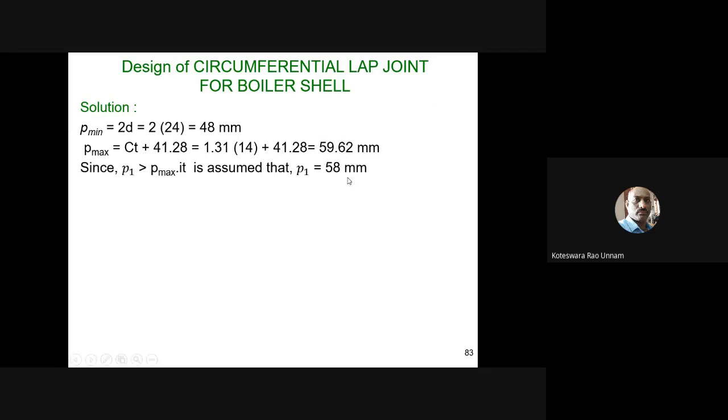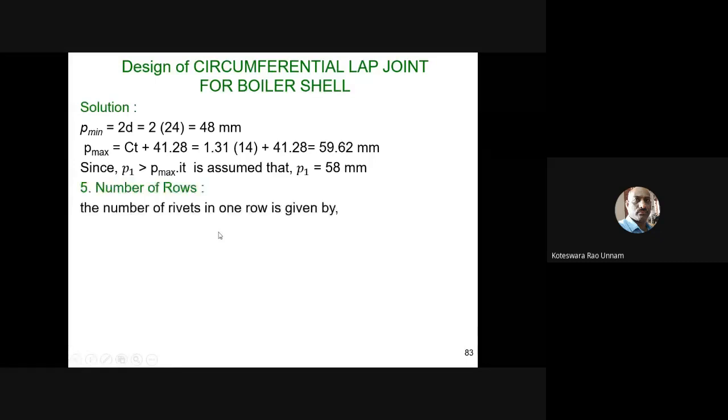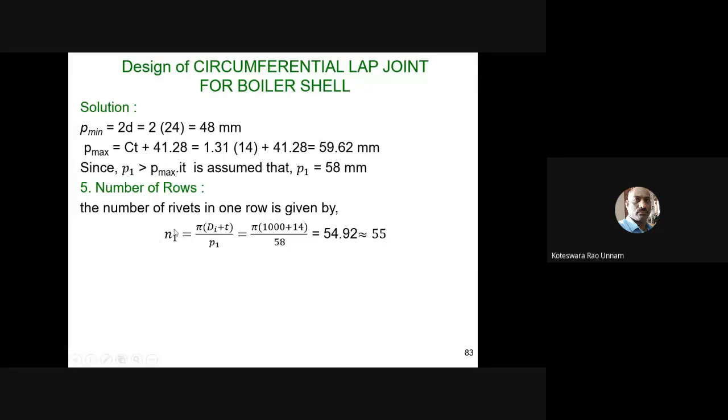Therefore, based on this pitch, you need to readjust the number of rivets. For that, the number of rivets in one row is given by this relation: pi into (di plus t) by p1, where pi into (di plus t) is nothing but the mean circumference of the boiler shell, divided by the distance between two rivets.